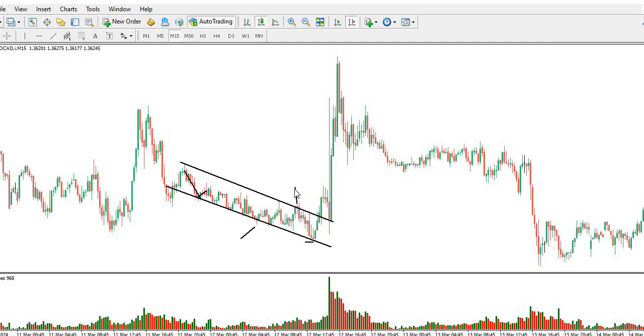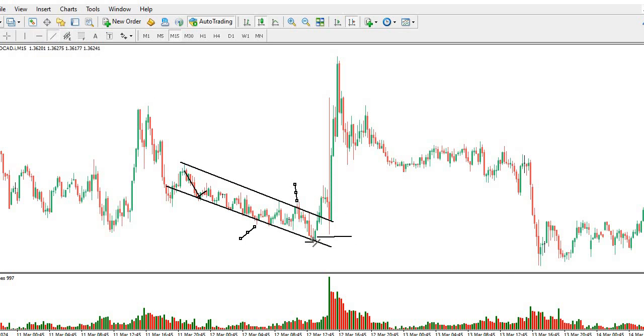Like this is on the lower trend line and this is on the upper trend line of the descending channel. Secondly, we saw the market touch the lower trend line of the descending channel and form this bullish engulfing candlestick.